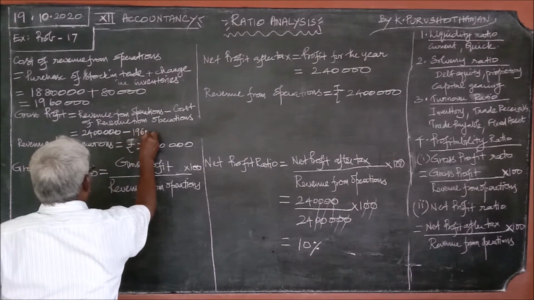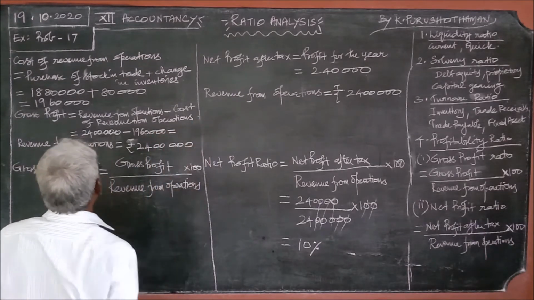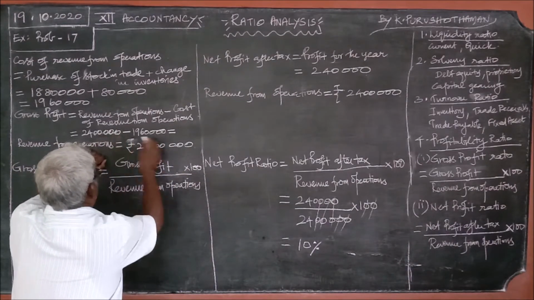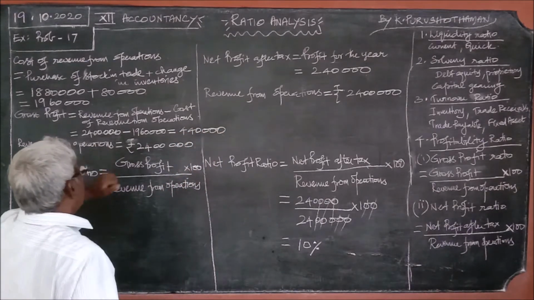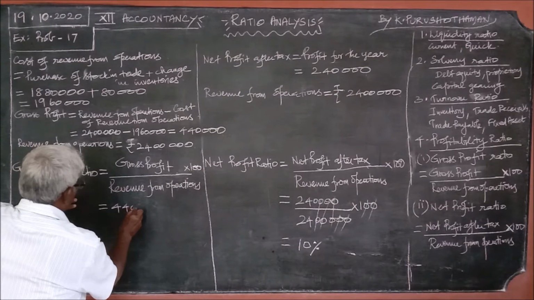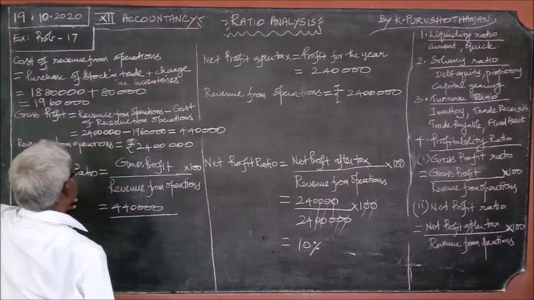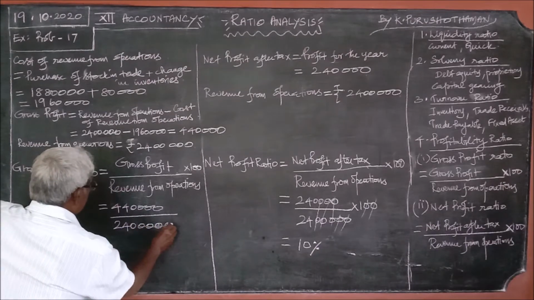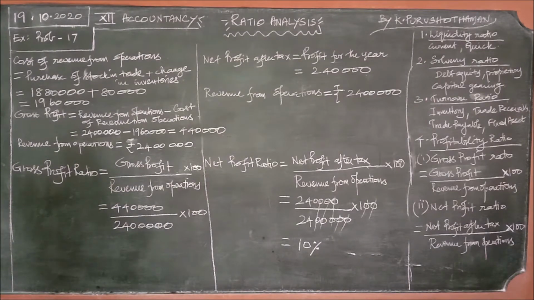Revenue minus 19,60,000 is equal to 4,40,000. This is out of 24 lakhs, therefore 4,40,000. If we write this, 4,40,000 divided by revenue from operations 24 lakhs into 100.